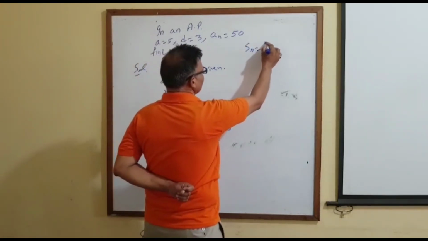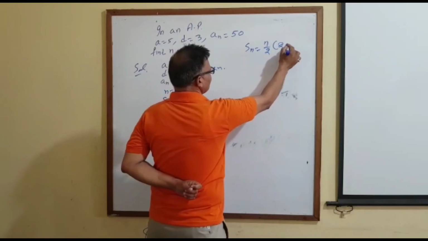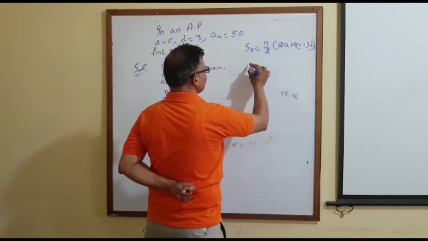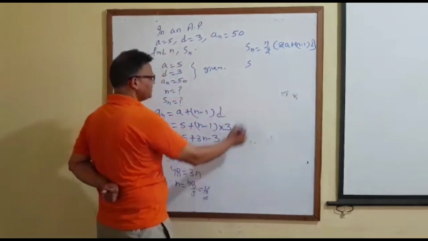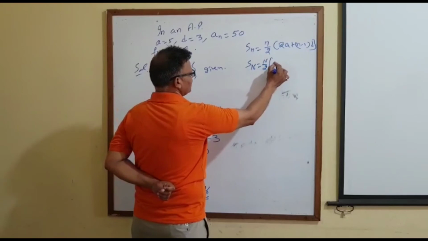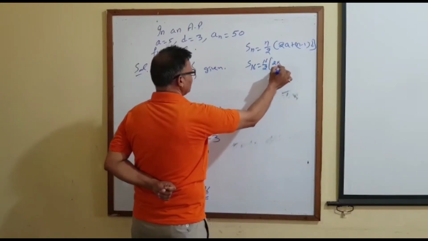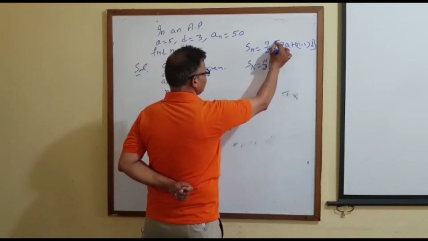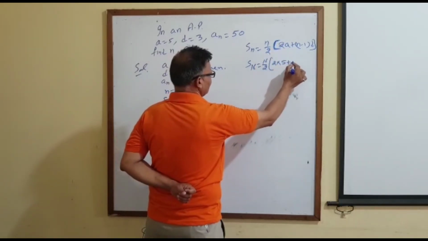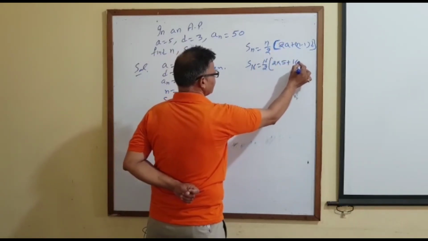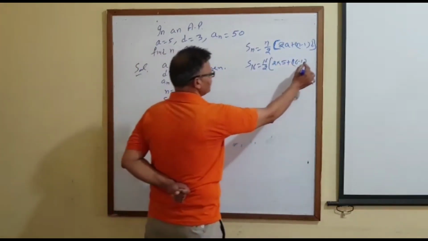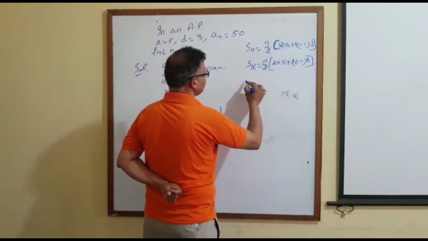So Sn is equal to n over 2 into 2a plus n minus 1 into d. So n is 16, 16 over 2 into 2, a is 5, plus n minus 1 is 15, and d is 3.